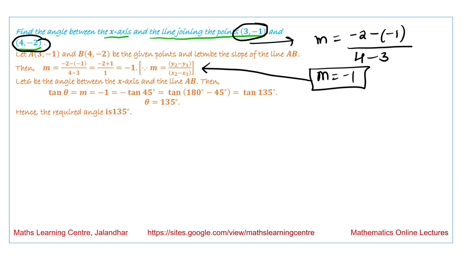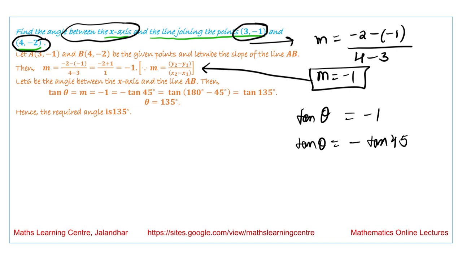Now we have to calculate the angle it makes with the x-axis. It means we have to calculate the value of theta for which tan theta is equal to minus 1. And this is tan theta is equal to minus tan 45 degrees. But we know that the value of theta lies between 0 and 180.